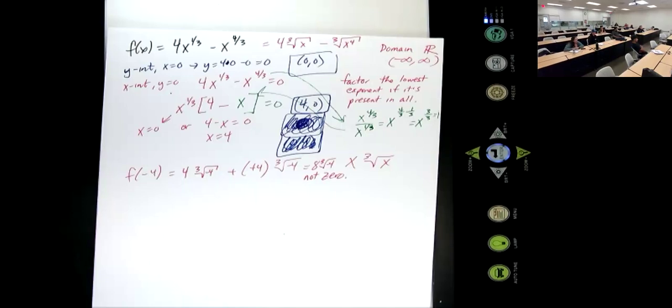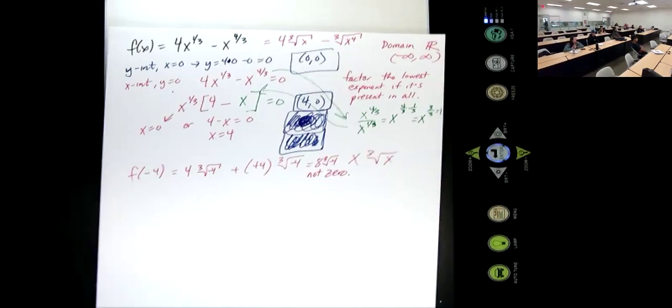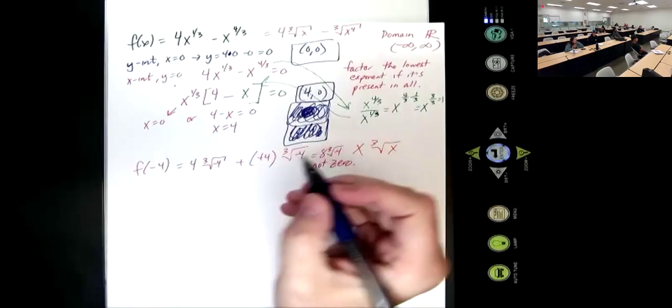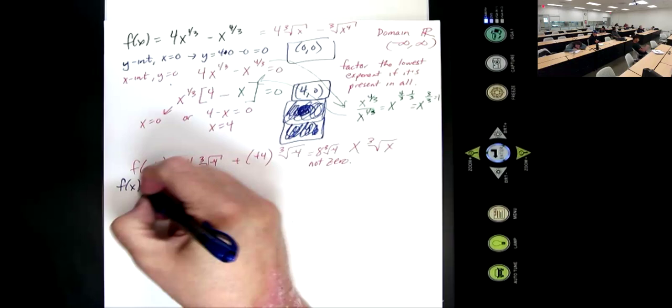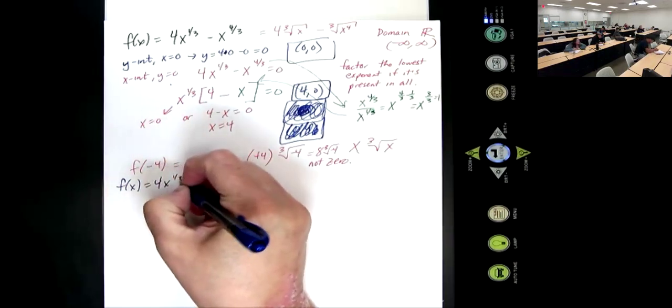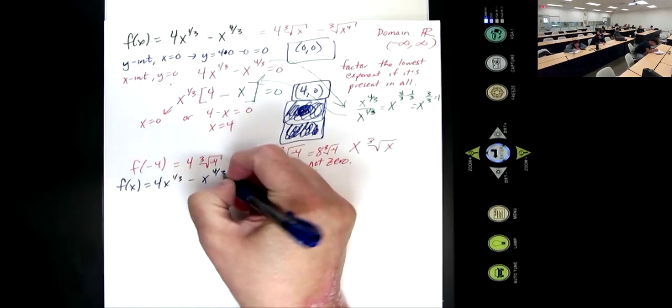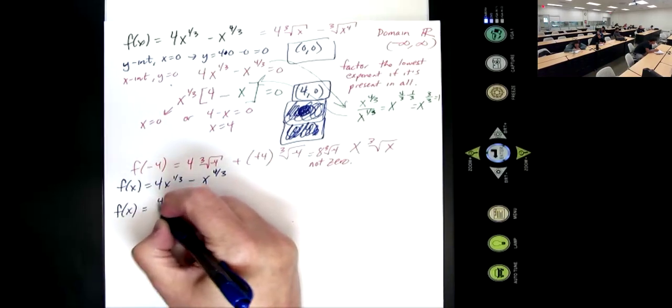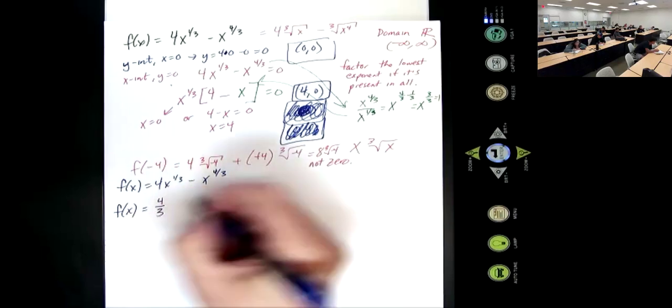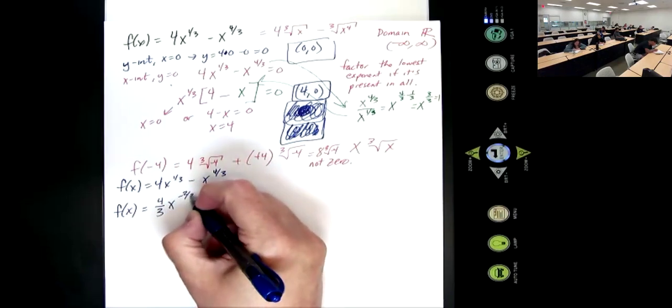Alright, now we're looking for critical points where things are changing, since we don't have any asymptotes. So we had f of x, I'm going to rewrite it here because it's easier to see while we take the derivative. We bring the power down. 4 times 1/3 is 4/3, and we lower the power by 1.